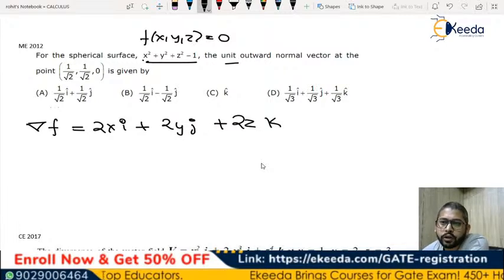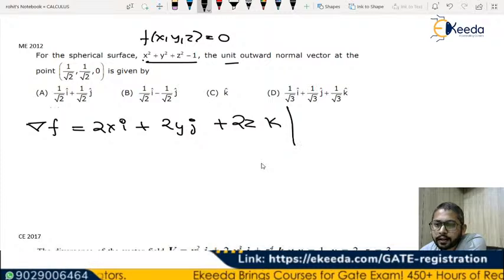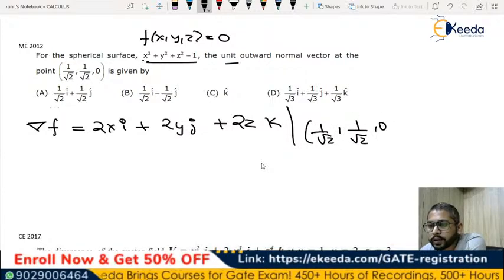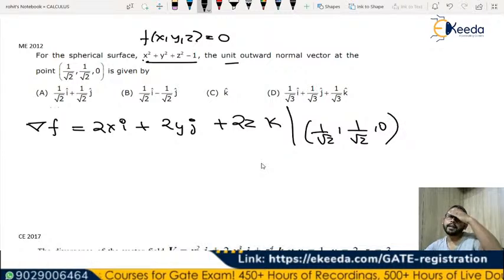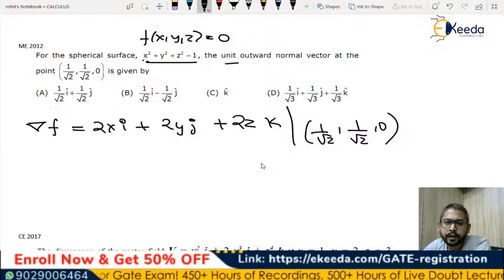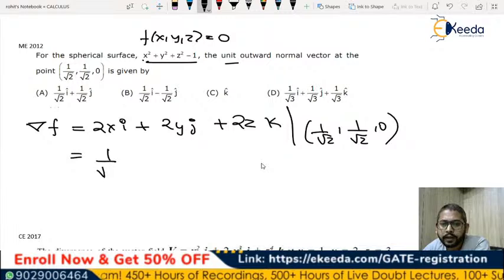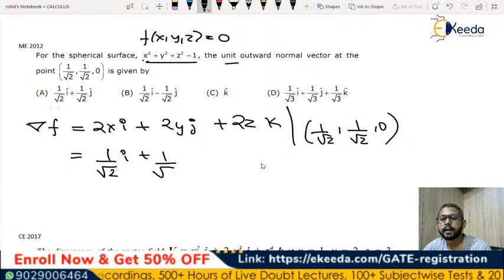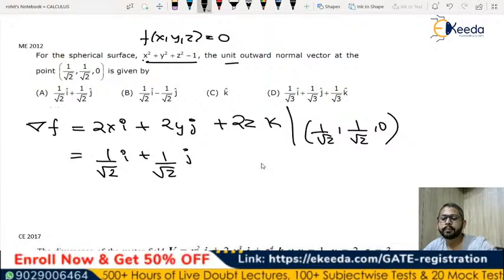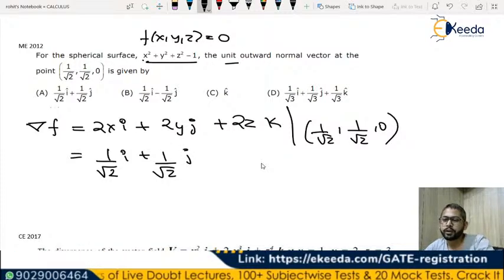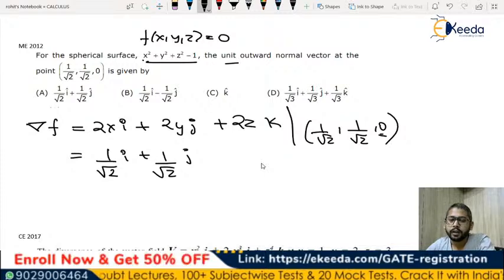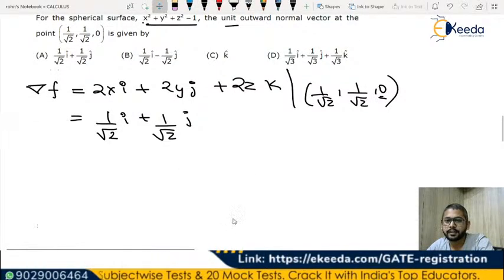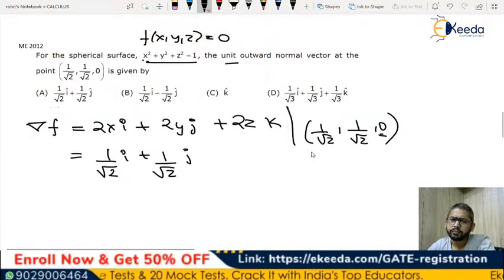Now you can put the values, the point is 1 by root 2 comma 1 by root 2 comma 0, because you have to find it at this point. So this becomes 1 by root 2 i cap plus 1 by root 2 j cap. K cap will be 0 because the z component is 0. Now, is this a unit vector? I think yes.